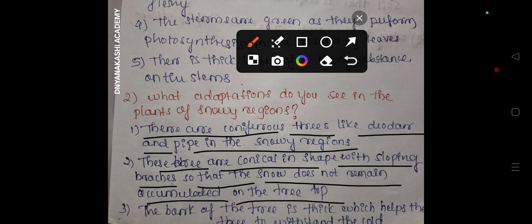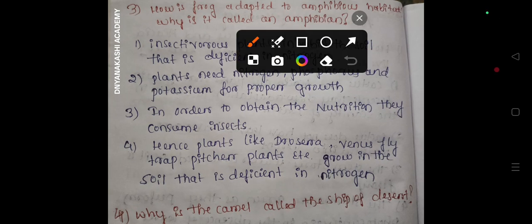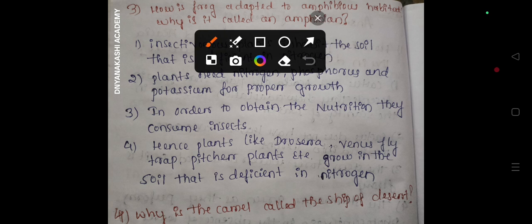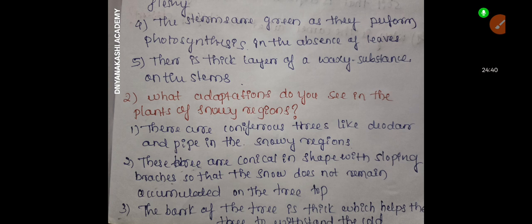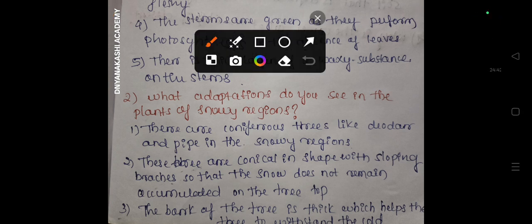Next, the third point is here. The bark of the tree is very thick, which helps the tree to withstand the cold.